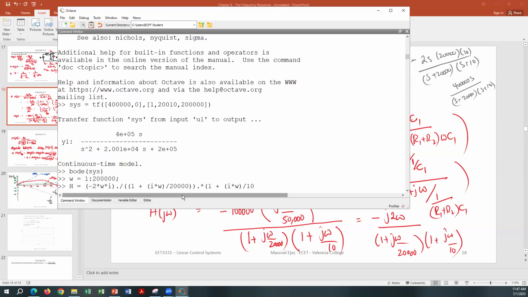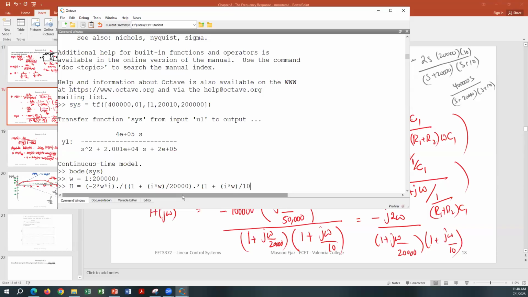let's see if I'm writing it correctly. So 1 plus, this parentheses, I don't think I need this. Or do I need this? 1 plus j omega over 20,000. Yeah, I do need it. No, I don't. 1 plus j omega over 20,000 times 1 plus j omega over 10,000.